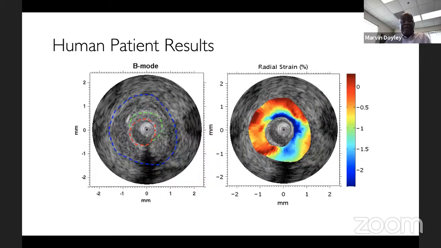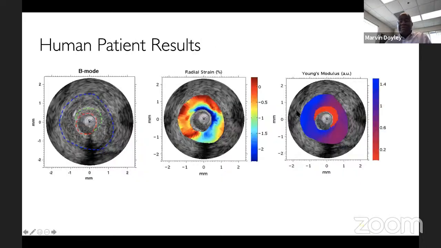We've also tried it on patients. So we had some work with Boston Scientific. And so they make ultrasound, intravascular ultrasound systems. In this case, we segmented into 3 regions. And based on that, we could say that region is softer than the remaining region. So it might be a lipid or fatty plaque, but beyond that, we can't really say anything more than that, right?